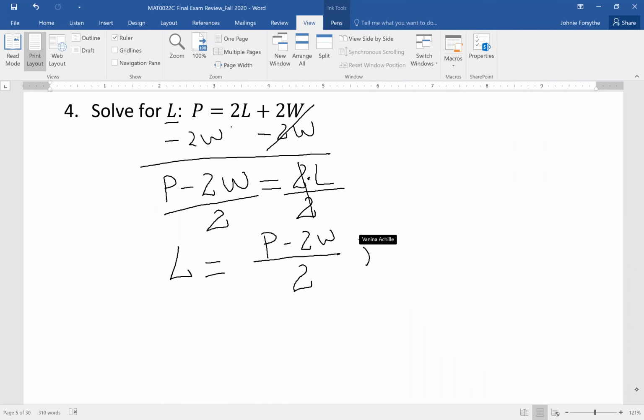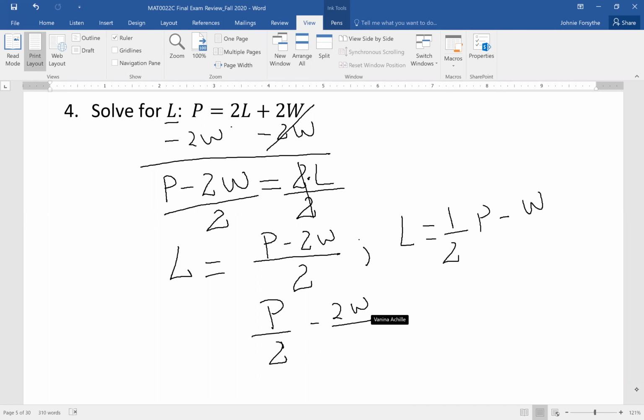I could also write it like 1/2 p minus w, because what I basically did over here, I broke it down to p over 2 minus 2w over 2, and then I simplified, and it gave me this. Another way that you could write this would just be p over 2, without bringing the 1/2 out, minus w.